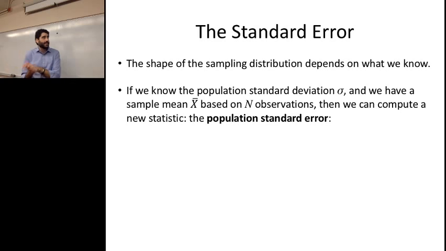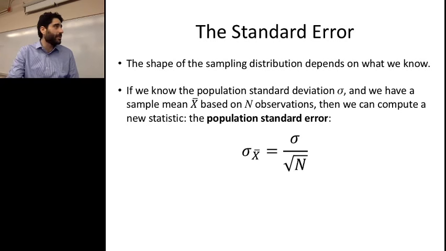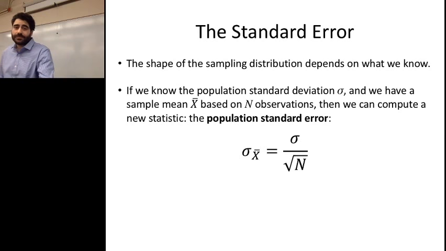If we know this population standard deviation, and we know how many samples are in our data set, then we can compute what's called the population standard error. The standard error here is the standard deviation of the sampling mean. And by the central limit theorem, the standard error is simply the population standard deviation divided by the square root of n.